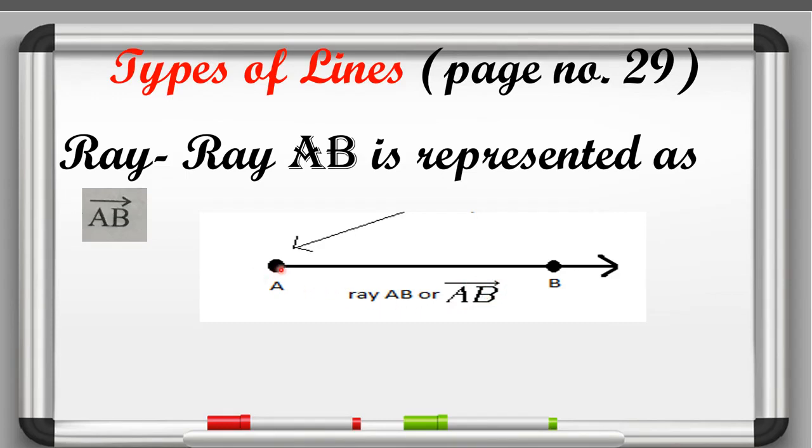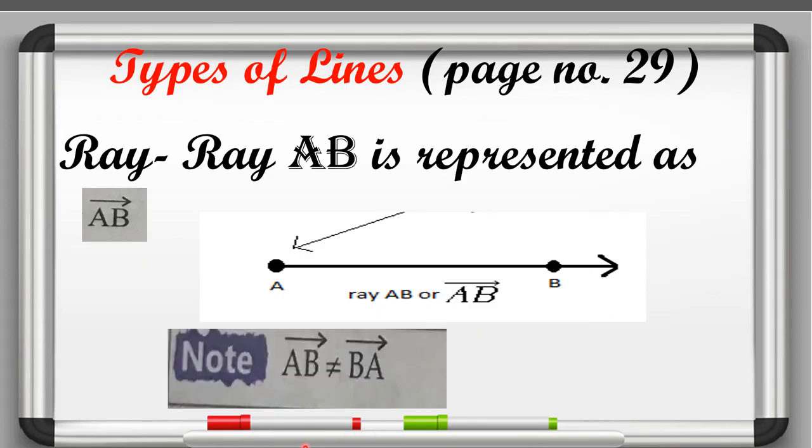And if we want B to be the starting point, then we read it as ray BA, meaning B is the fixed point. We write BA with an arrow above it. So here AB is not equal to BA, because in AB, A is the fixed point and in BA, B is the fixed point.